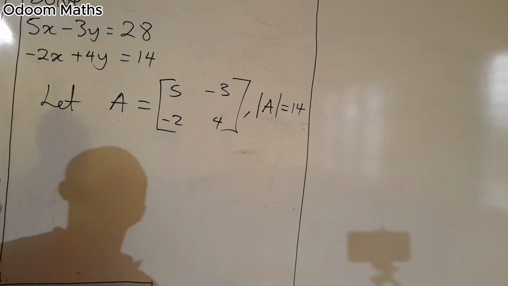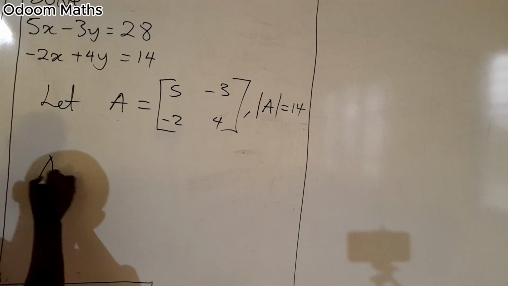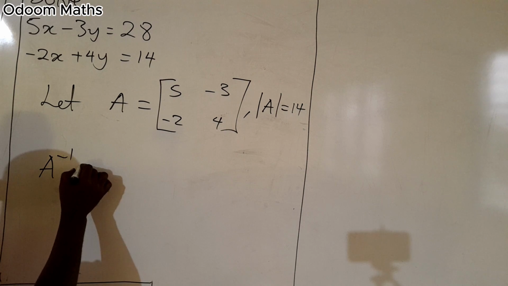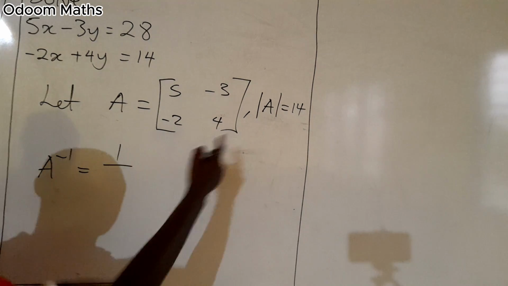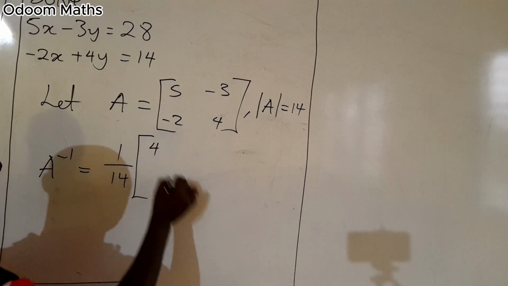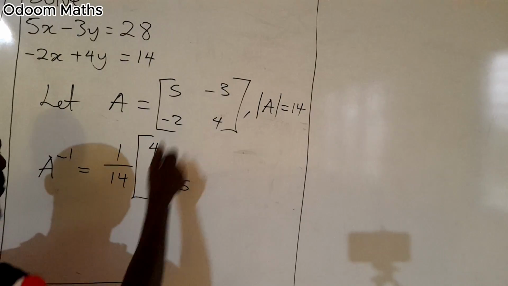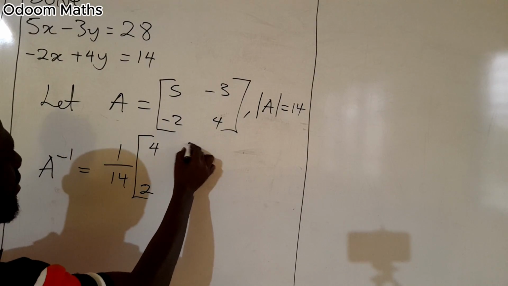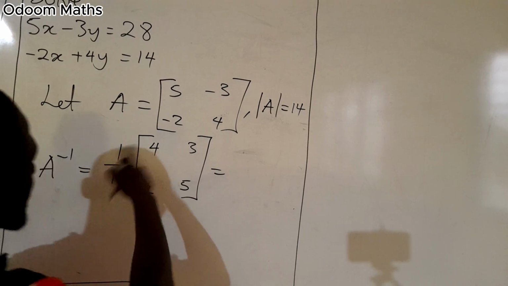Okay, now our A inverse will be equal to 1 over the determinant, which is 14, times, then we interchange 4 and 5, then we negate this one, 2, and then 3. So we need to multiply.